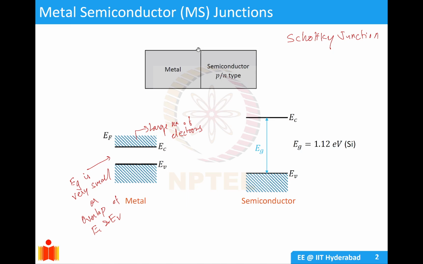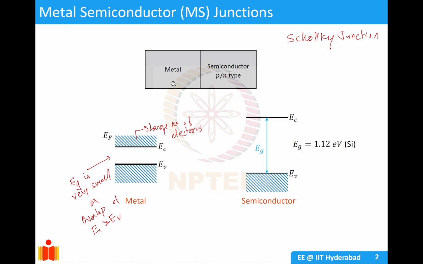There are two types of junctions that can form between a metal and a semiconductor. One is called an ohmic contact, which doesn't have the property of a p-n junction, but another is the Schottky junction, which is very similar to a p-n junction.